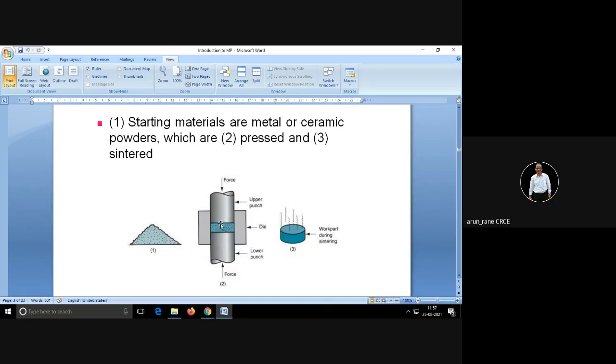Then the clearance or gap between the upper punch and lower punch will be 5 mm. Once it is compressed, the upper punch will go up and then the lower punch will eject this out. The lower punch will push the tablet up so that this component can be ejected or taken out.